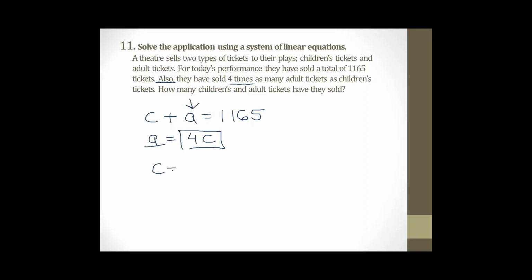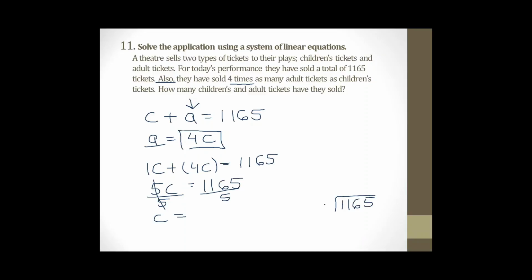So C plus, and now for A I'm going to plug in 4C, is equal to 1,165. Okay, solving for C, 1C plus 4C gives me 5C, and that's equal to 1,165, and then dividing by 5, C equals, you can use a calculator or you can do the old school way of long division.